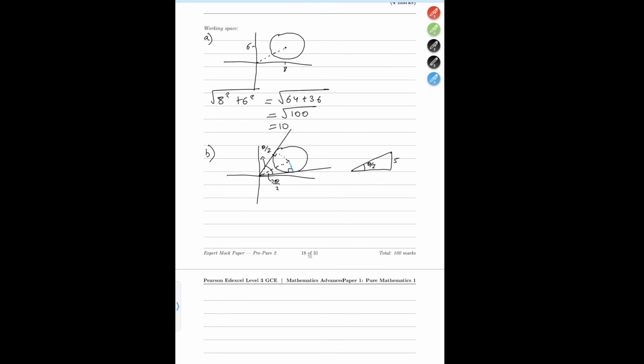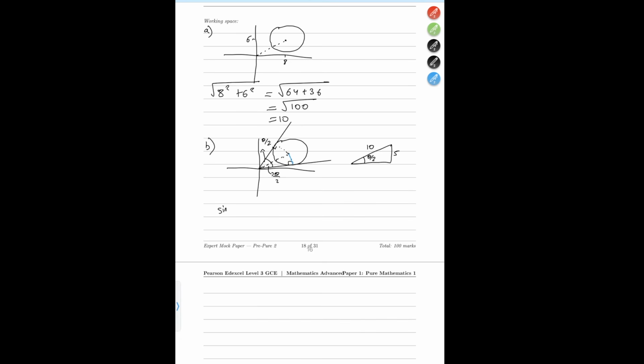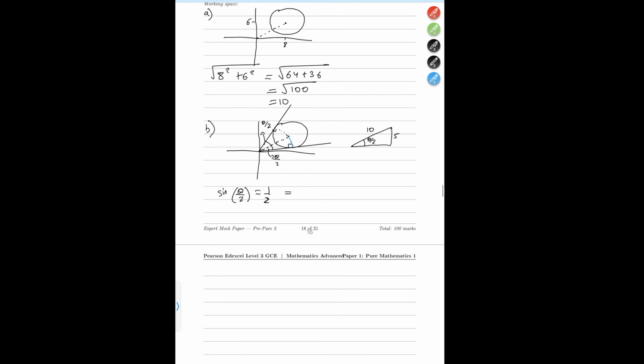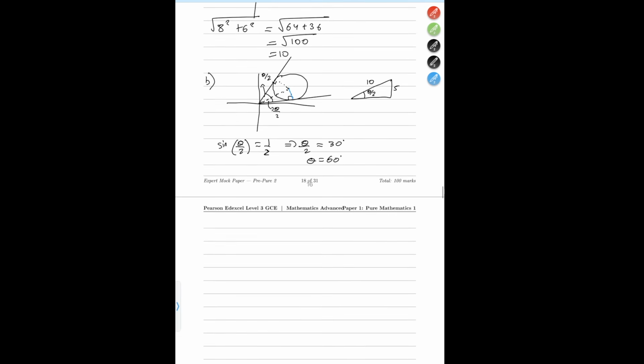And we just calculated the hypotenuse to be 10 in part A. So sine of theta over 2 is a half. So that means that theta over 2 is equal to 30 degrees, so theta is equal to 60 degrees. And what do we know about sine of 60?